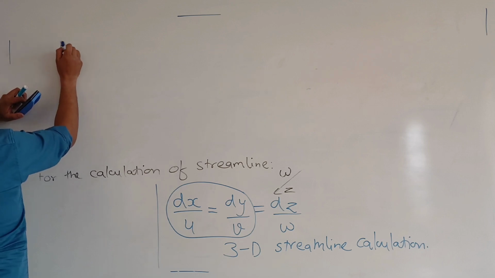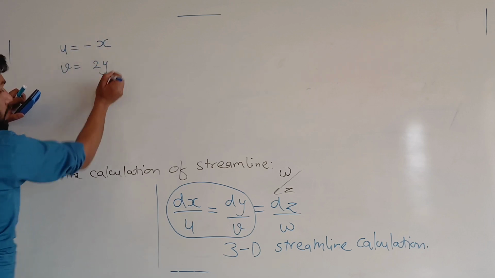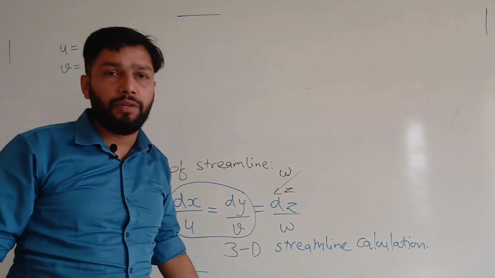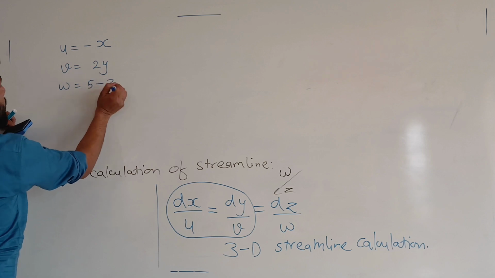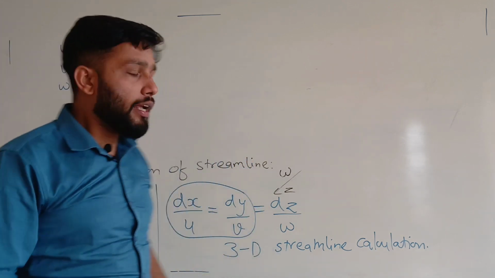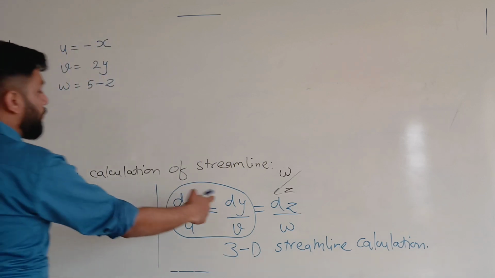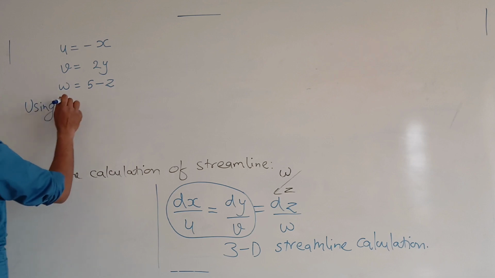I have got u is equal to minus x, v is equal to 2y, and w is equal to 5 minus z. And now I am going to use the first set.